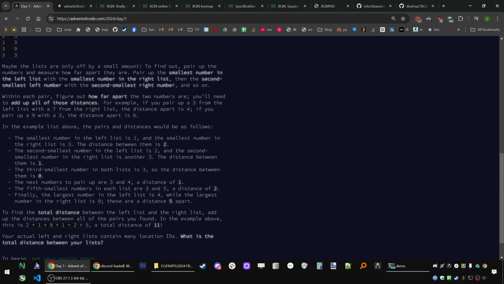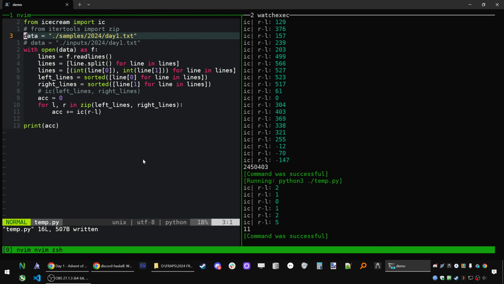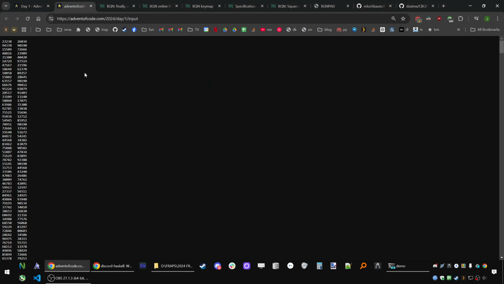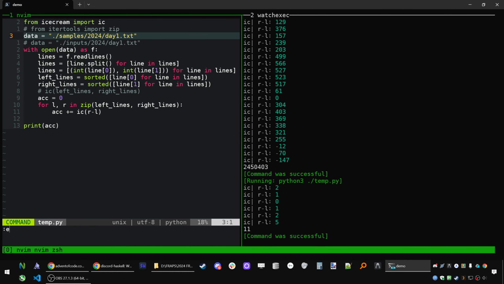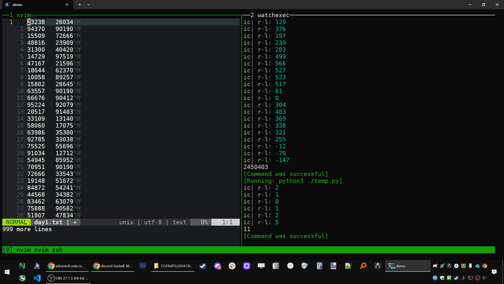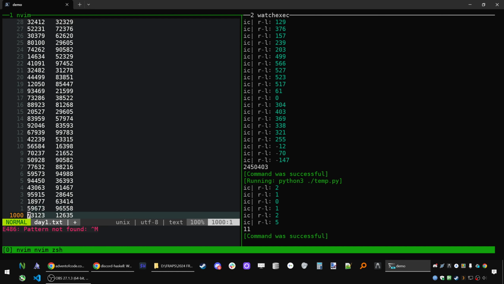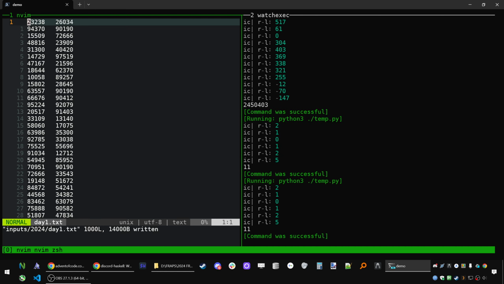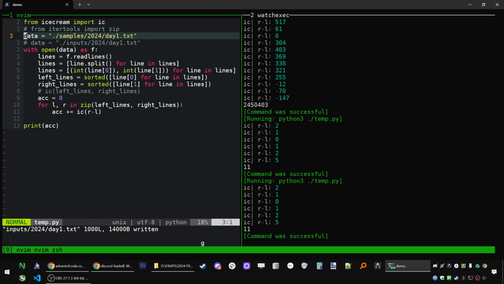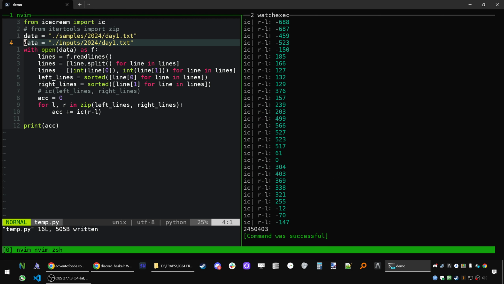Add up all the distances between all the pairs you found. I'm literally gonna copy this in again, and in the off chance that there's a bug, I'm gonna be upset. Oh, what? That looked like it partially did it.